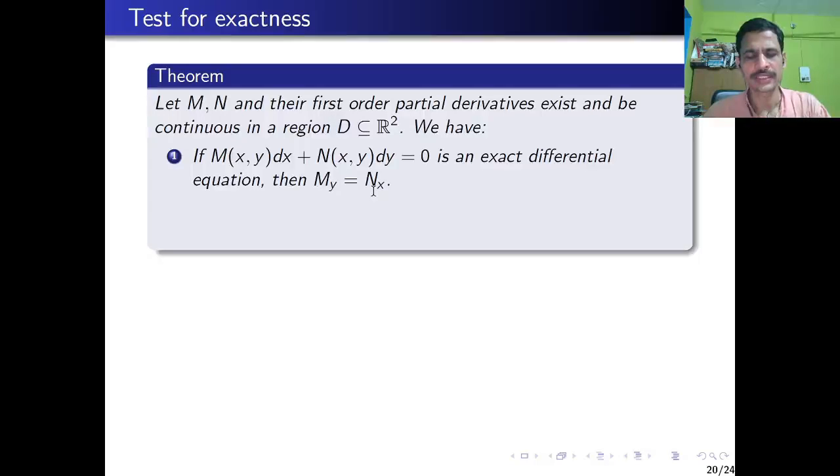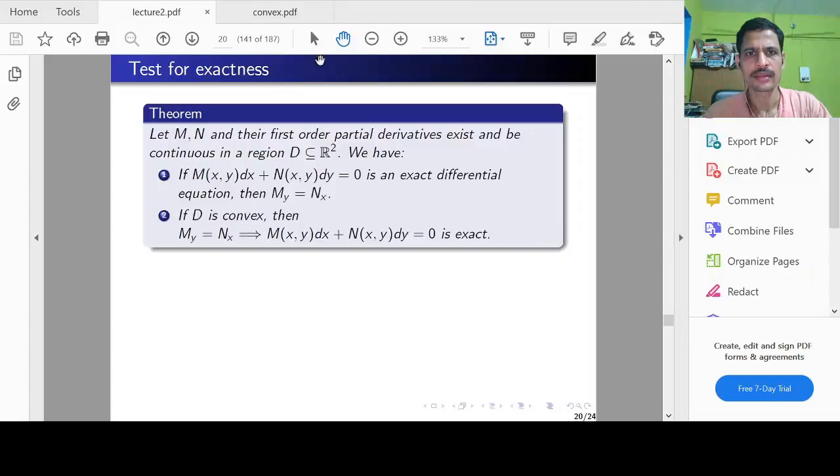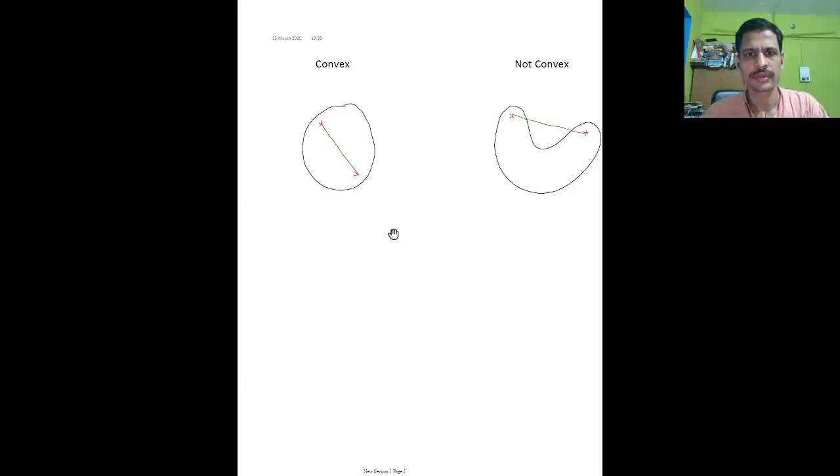The next statement says that the converse of this statement also holds when the region D is convex. What do you mean by region D is convex? The first region I am considering here is the region enclosed by this elliptical curve.